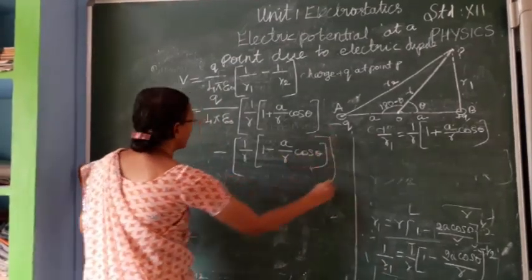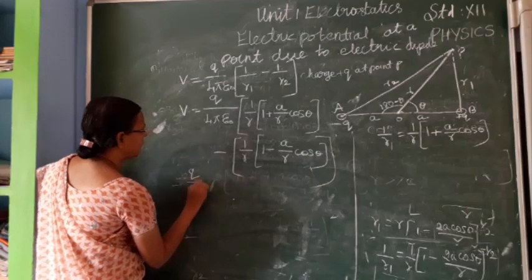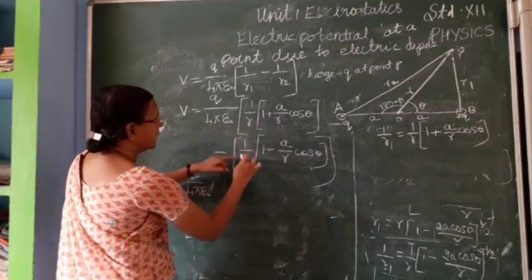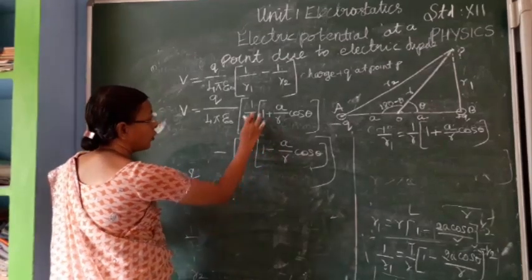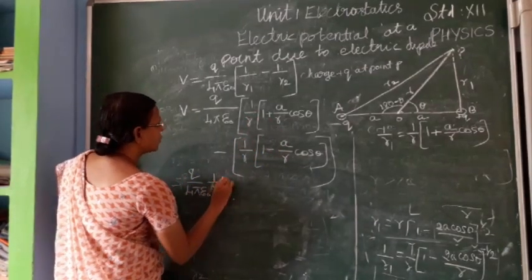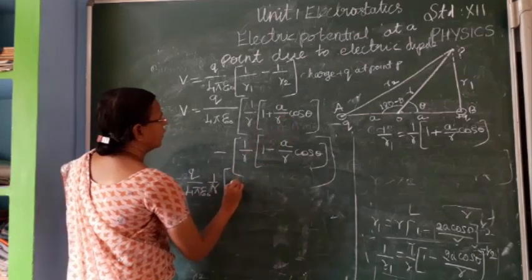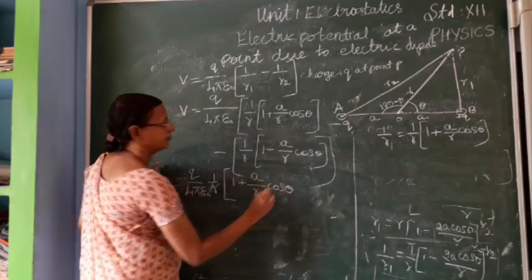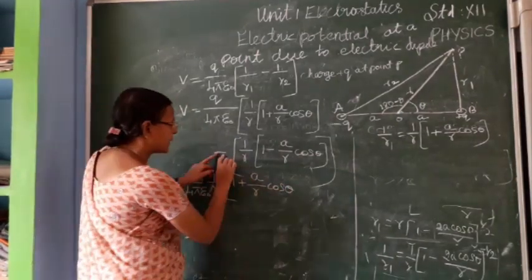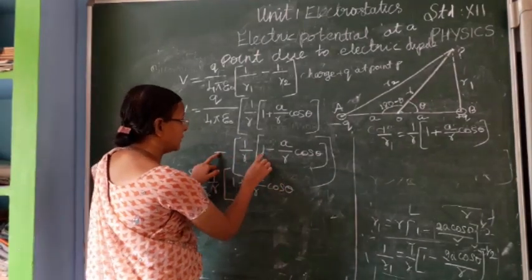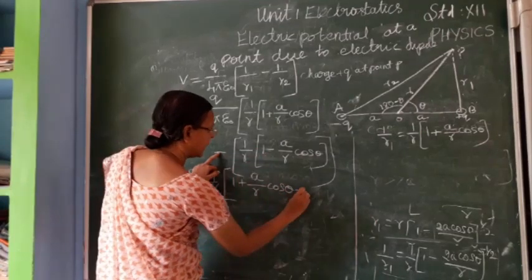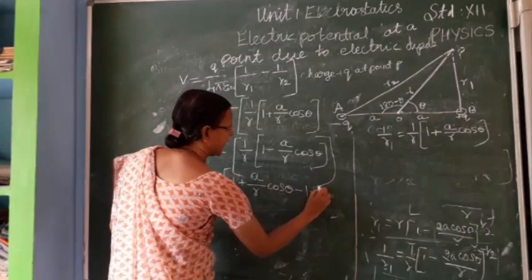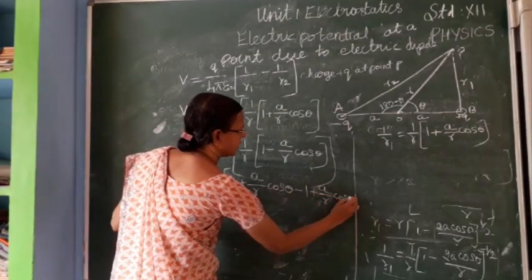We have to solve this. Q divided by 4 pi epsilon 0. Here 1 by r is common in both the terms, so we can take 1 by r outside. Remaining is 1 plus a by r cos theta, then this minus will go inside: minus into plus is minus 1, minus into minus is plus a by r cos theta.